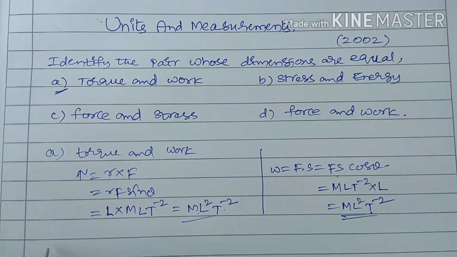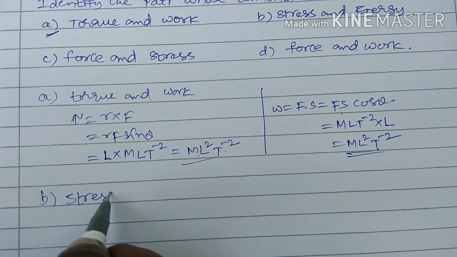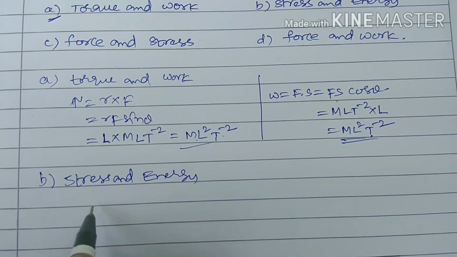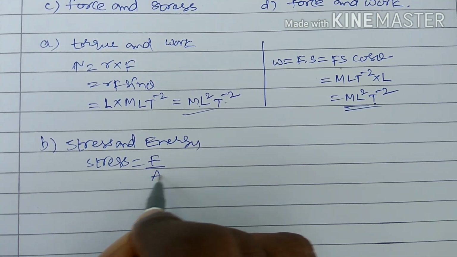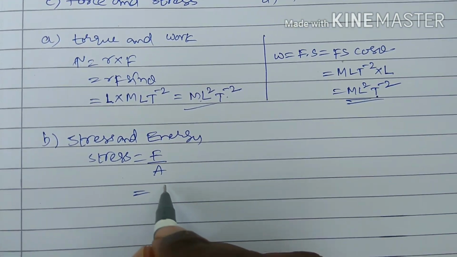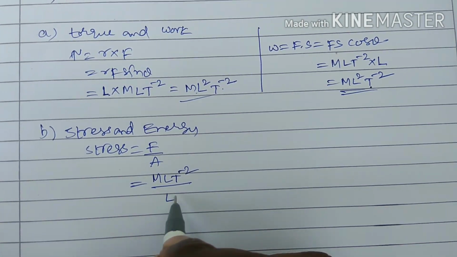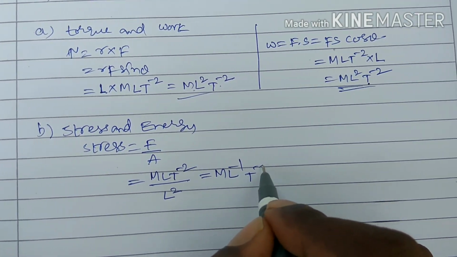So coming to option B, stress and energy. Stress is equal to force by area. Force is nothing but ma, M L T minus 2, by area, which is L square, so it is M L minus 1 T minus 2.